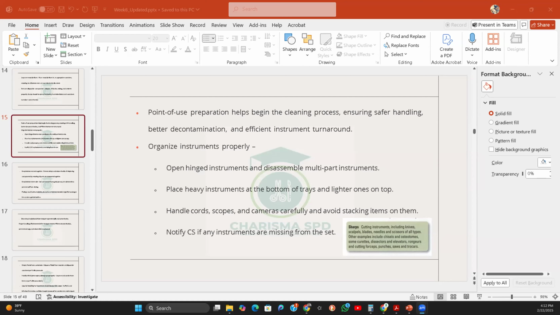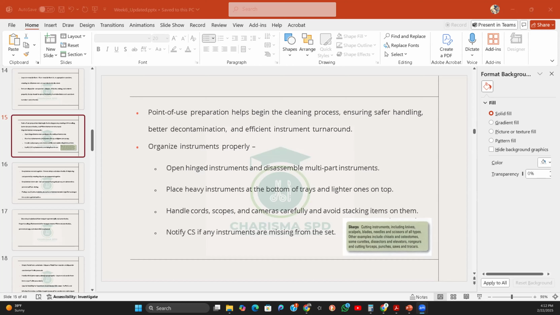And the next point: when you are prepping instruments at point of use, you have to open instruments that have hinges. You have to dismantle those that have different parts. And you have to handle delicate or very precious instruments with care.